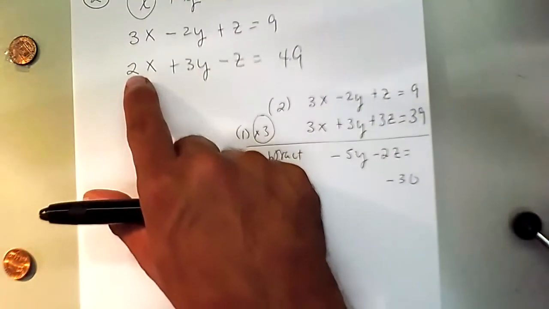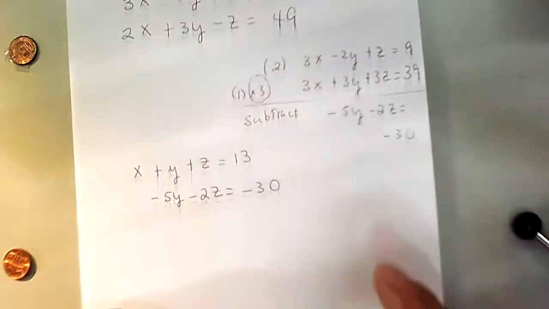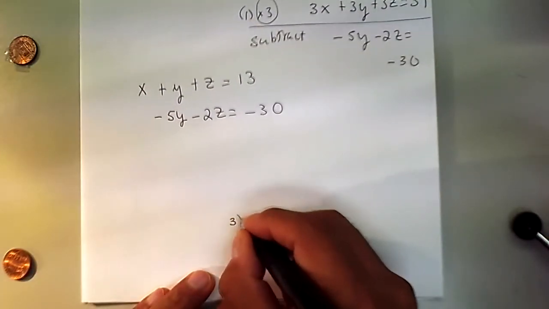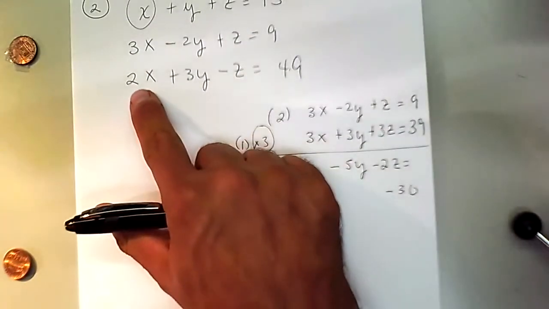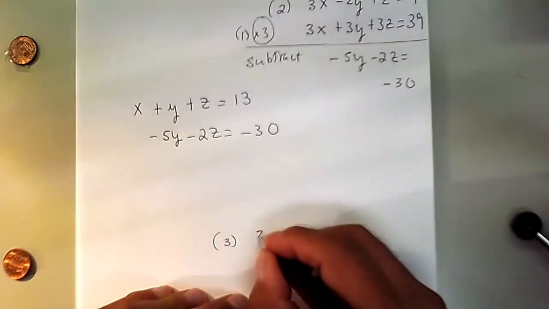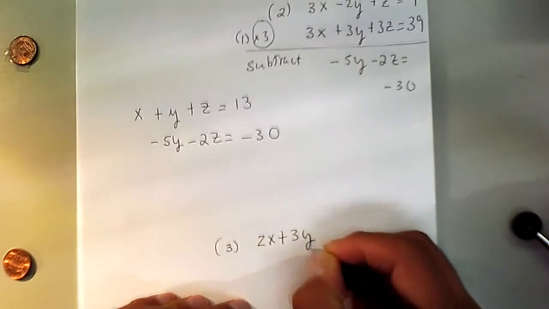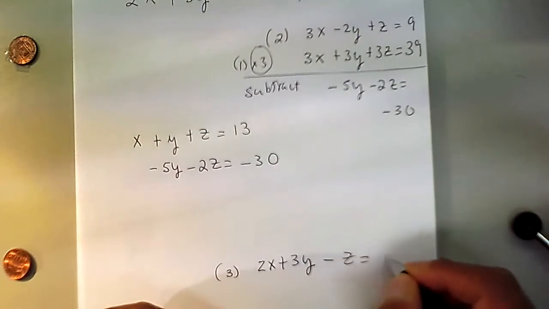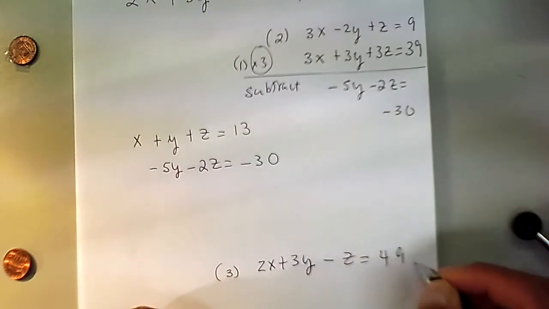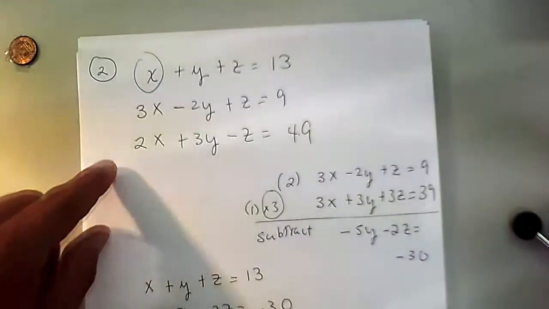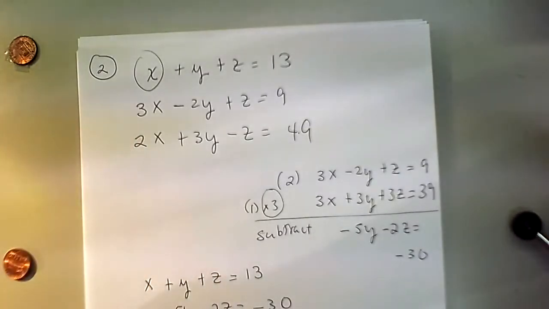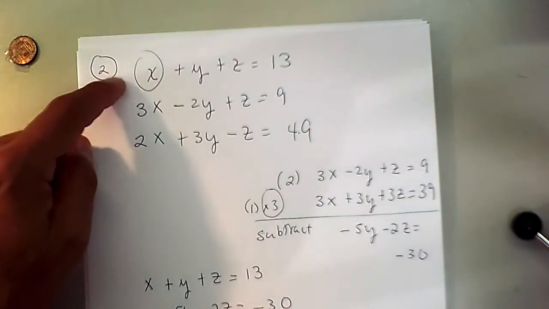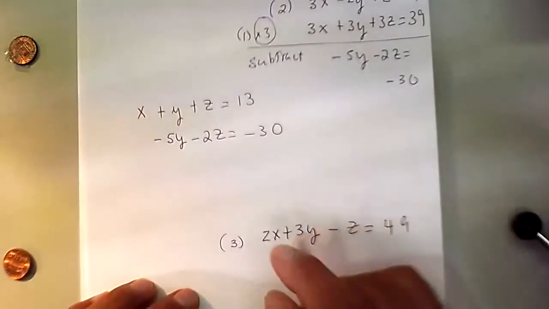So take the third equation as is. The third equation is 2x plus 3y minus z equals 49. And we want to multiply the first equation by 2, the same pivot value.